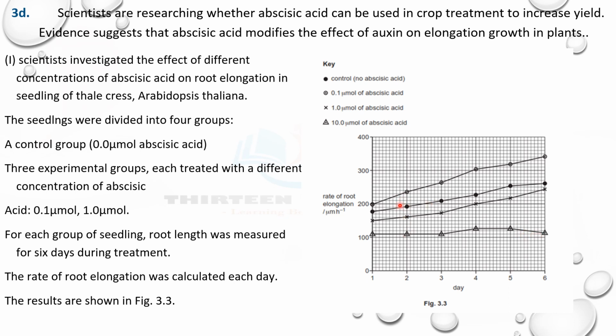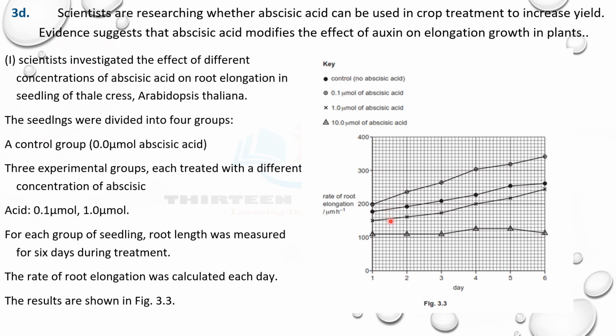But if you look at the specifics, the one for 0.1 micromole of abscisic acid increases more than the others.